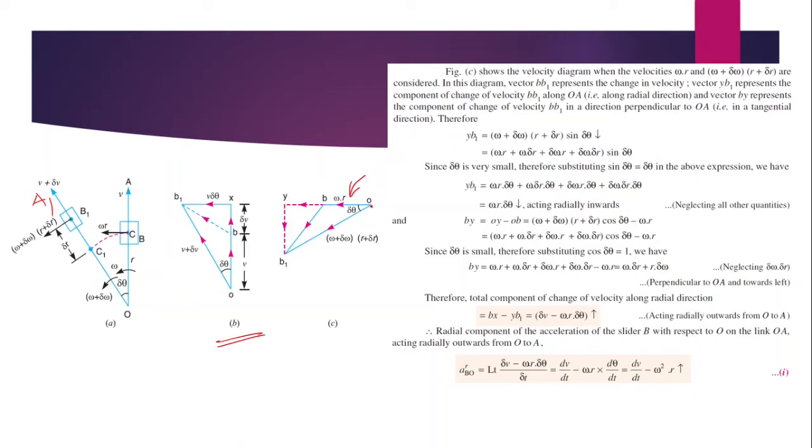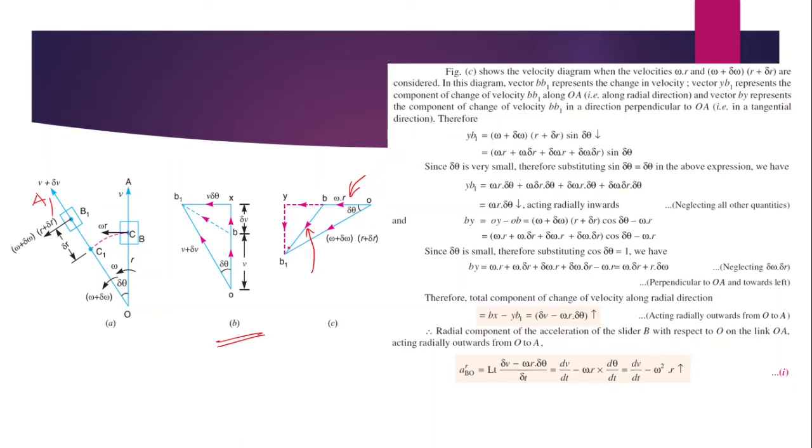We can represent omega r along this direction, and (omega plus delta omega) into (r plus delta r) in this particular direction. This direction must be perpendicular to this link, and this direction must be perpendicular to this link. Then we can say that the change in velocity is this one, BB1.